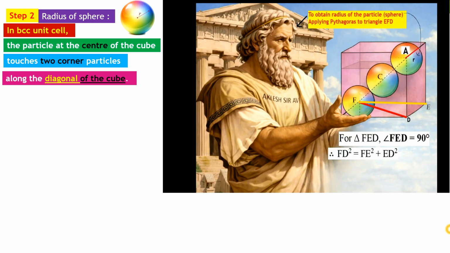Therefore FD square equals FE square plus ED square. Here FE equals ED equals A. Therefore, FD square is equal to A square plus A square. Therefore, FD square is equal to 2A square. Let this be equation 1.